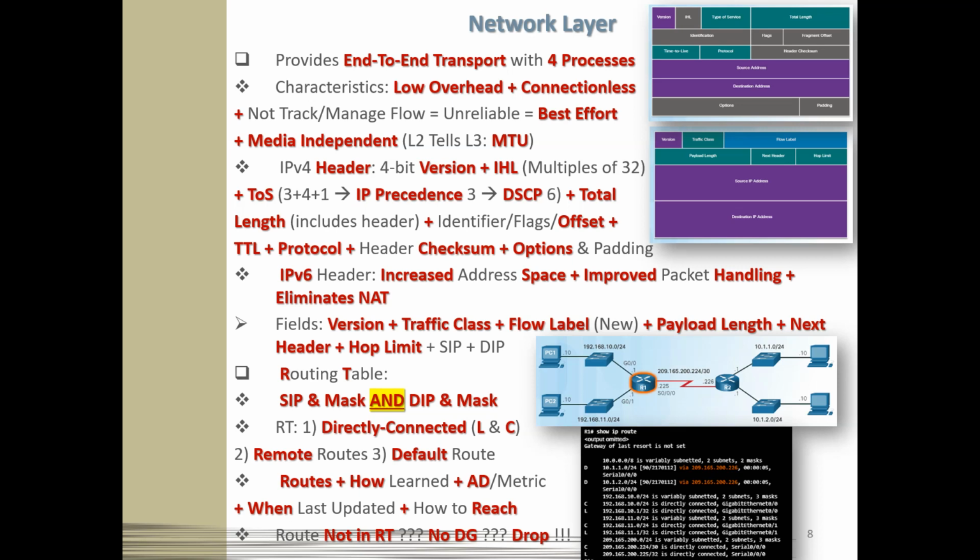Secondly, network layer is known to be connectionless. It's not a connection-oriented protocol. It is a connectionless protocol like snail mail. You have no idea if the destination is present. You have no idea if the destination is reachable at all. You have no idea if the destination is functional.